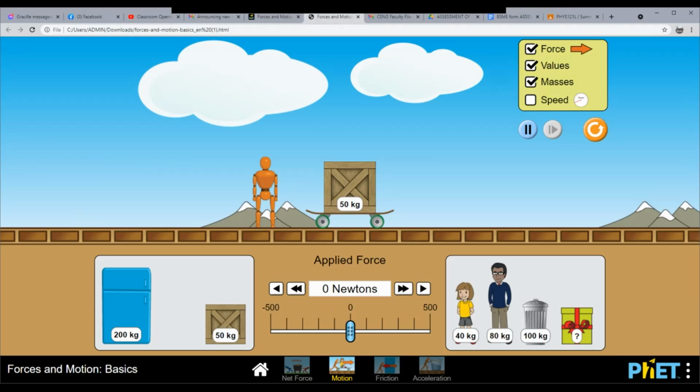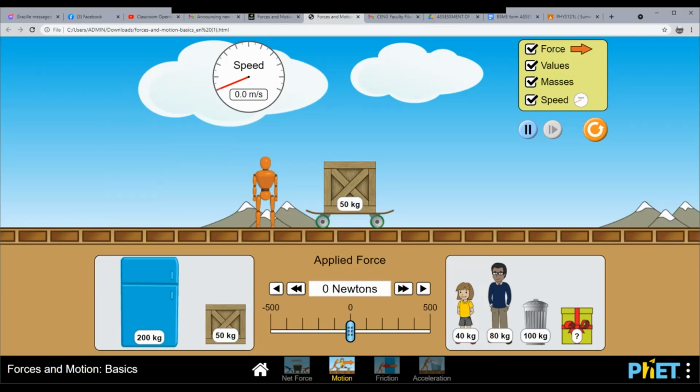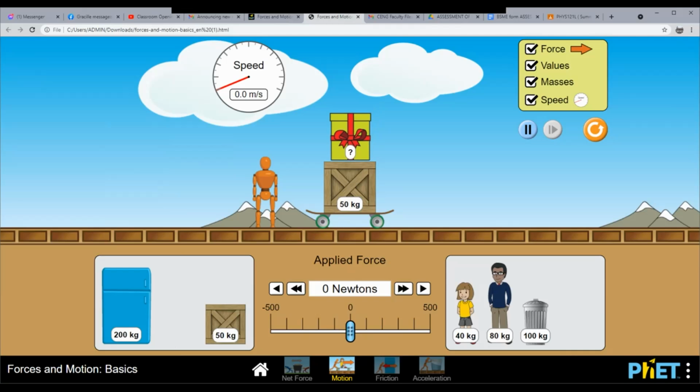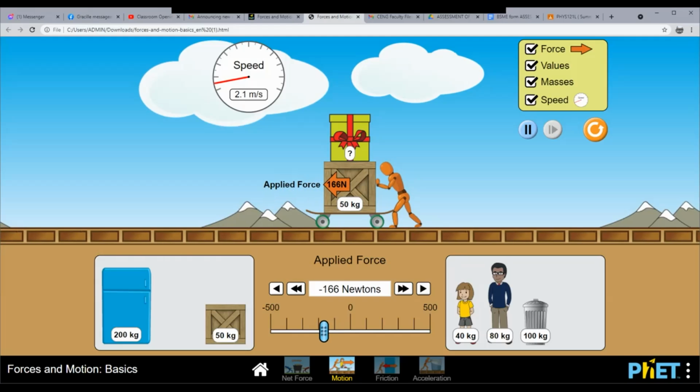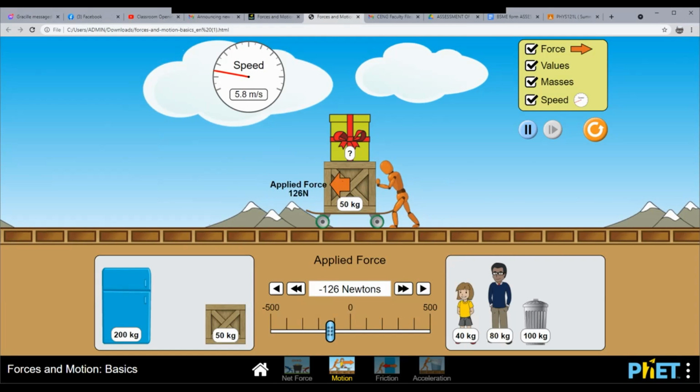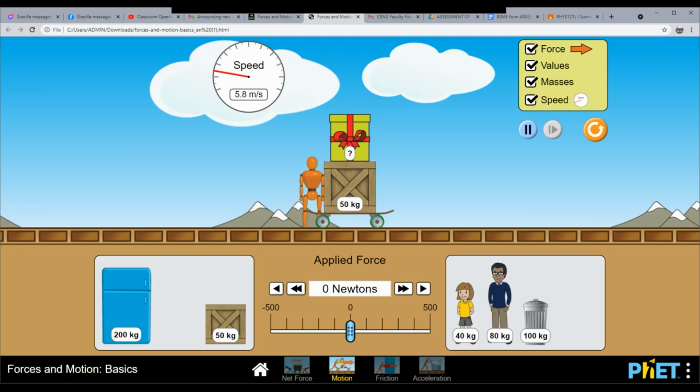Okay. So, and let's show the speed. If the applied force is, let's say we have... okay.